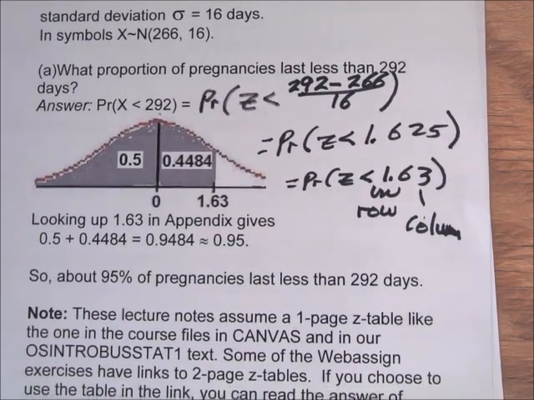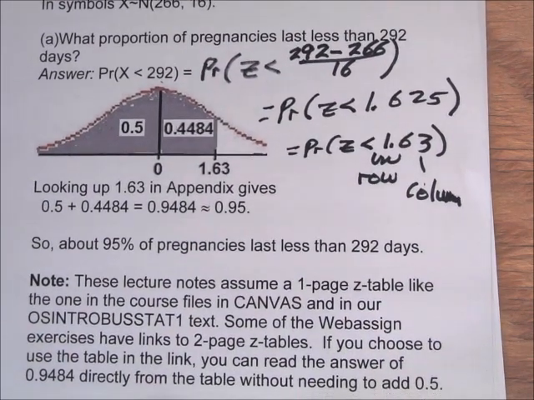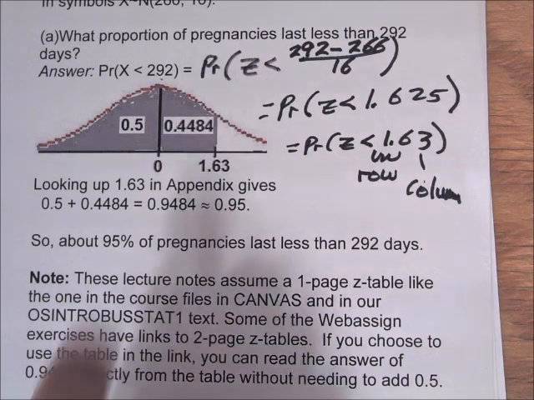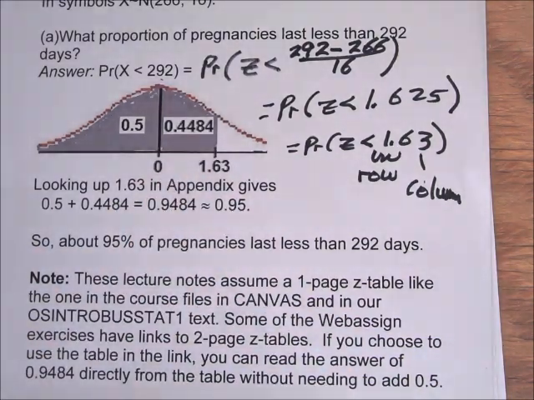I actually have tables from several different texts, and you'll see links to those tables in WebAssign. If you use the table in the course files, or the table that's in our assigned text, OpenStax's Introductory Business Statistics, then you'll see just the one-page Z table, and that's the way you do it. If you're using a two-page Z table, usually those are a left tail table.